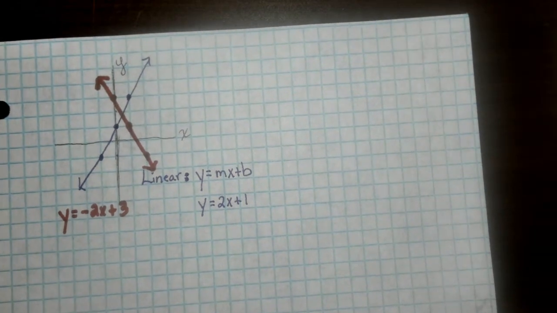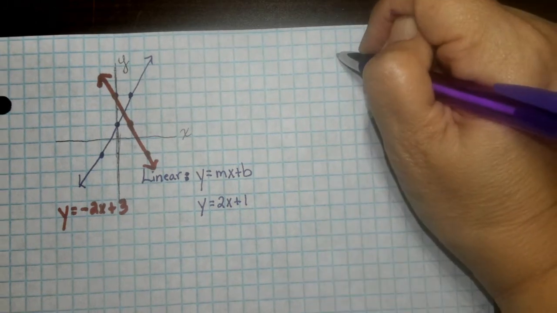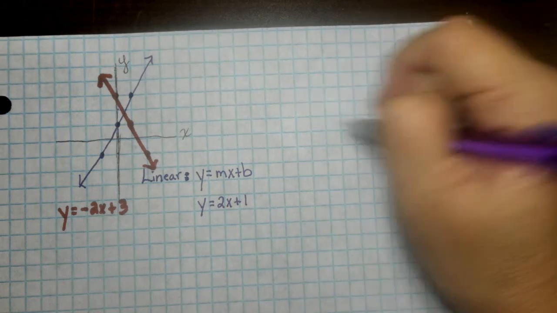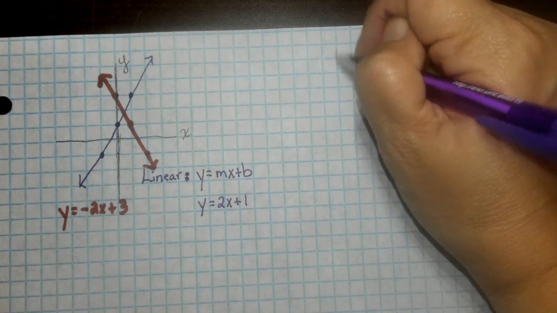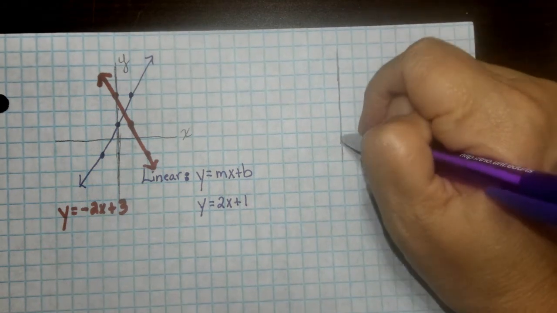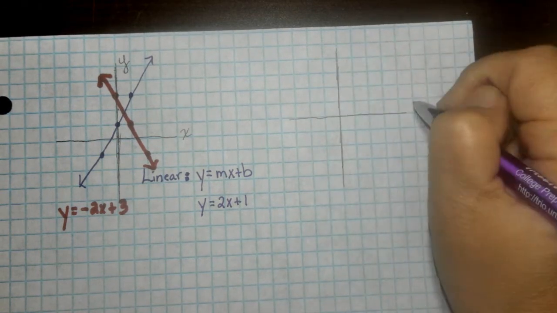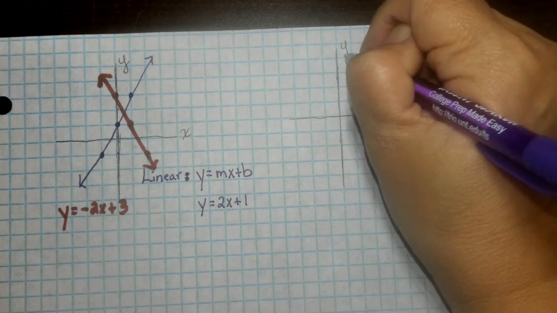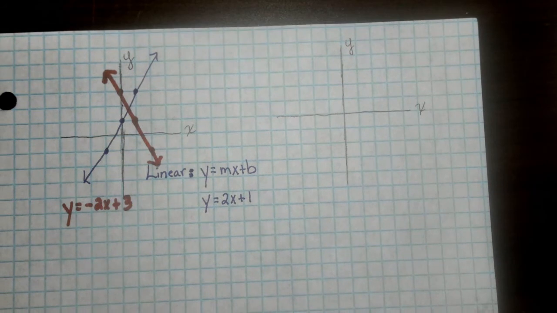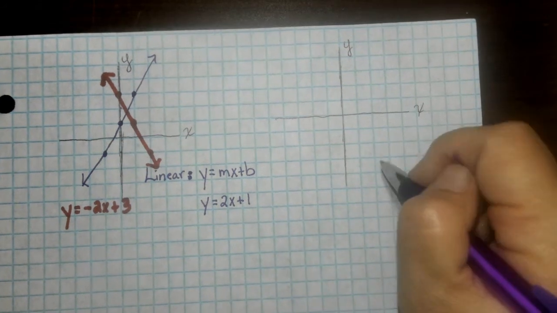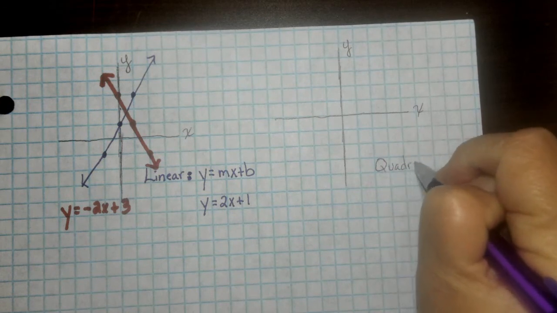Okay, next we're going to do quadratic. So I need another coordinate plane. If you have space next to, or if you don't have space next to, you can put yours under. I'm going to put mine next to right here. Next we're going to have the word quadratic.